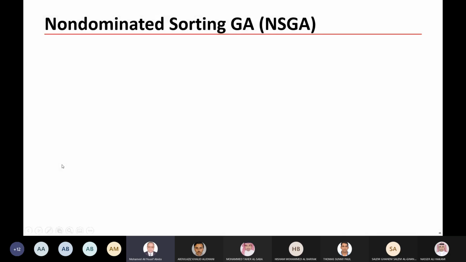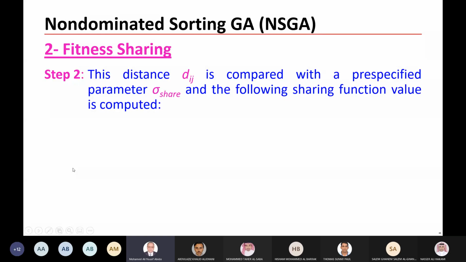So we calculate the distances among all these solutions. This distance d_ij is compared with the pre-specified parameter sigma share. If d_ij is less than sigma share, we have these two solutions in the neighborhood of each other.